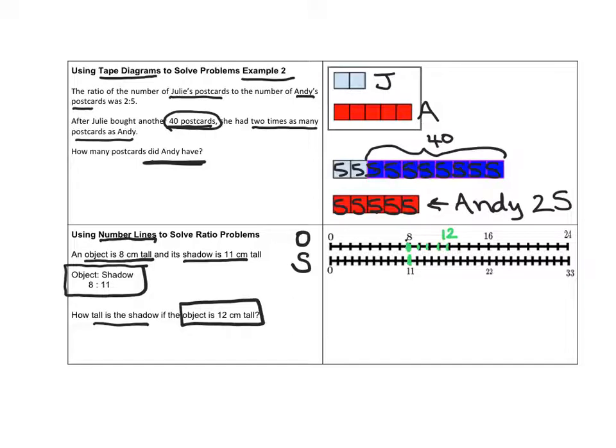And looking down onto my number line, I can see that my 12 lines up in the middle of 2 points on my number line. So counting on my number line here, I have 12, 13, 14, 15, 16, 17. So this is happening between 16 and 17, which means my shadow must be 16 and a half.